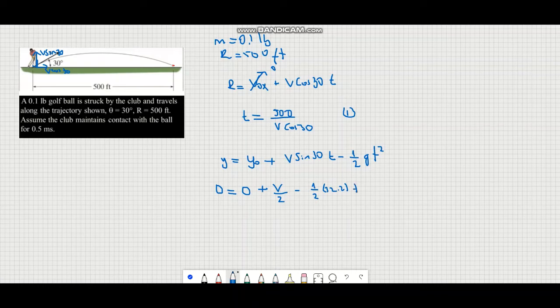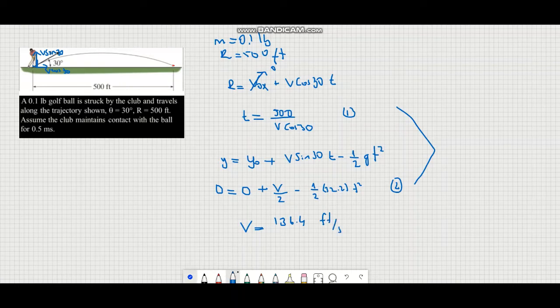Now we have the second equation, which is also constructed by v and t, like the first one. When we combine these two equations and eliminate t, we find v as 136.4 feet per second.